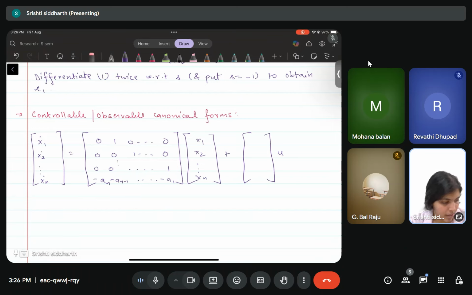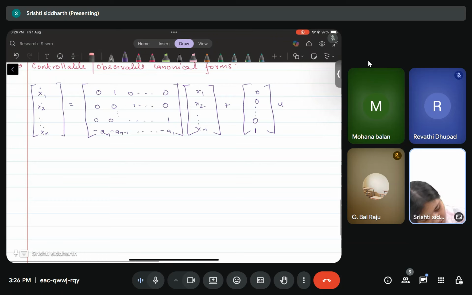B has only one at the last entry and then 0s. So this is the representation in the controllable canonical form of a function with this transfer function.